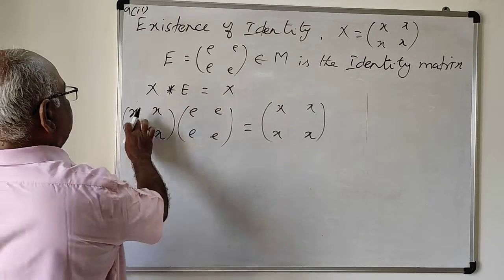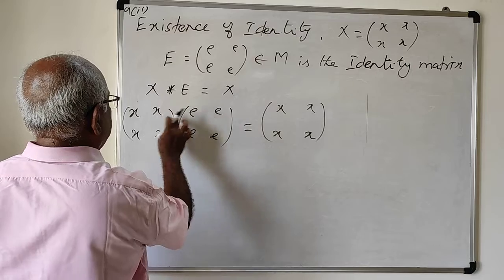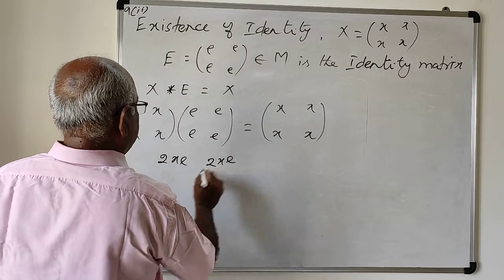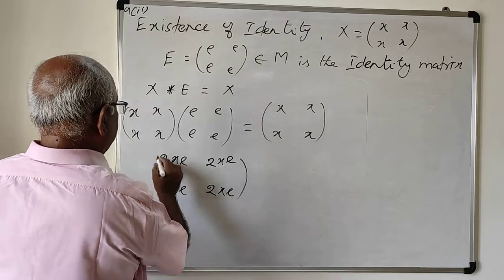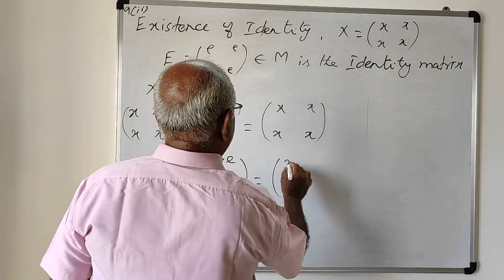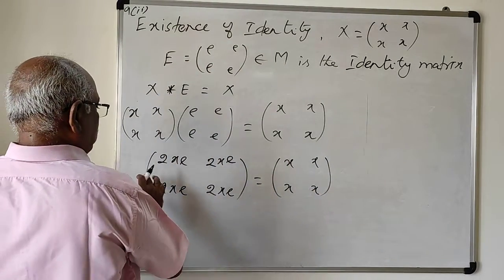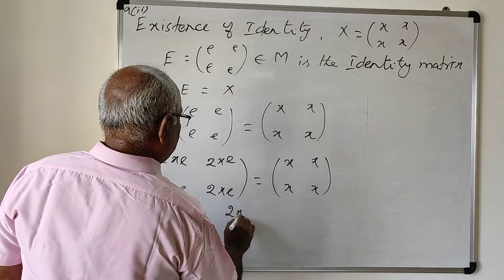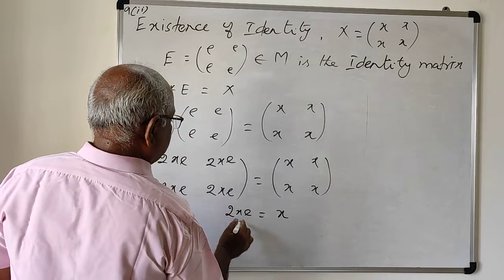So this is X star E: first row first column, first row second column, that is xe plus xe, 2xe. This is 2xe, and 2xe equals x, x, x, x. So, comparing the elements, we can find E. The left-hand side element 2xe equals the right-hand element x.